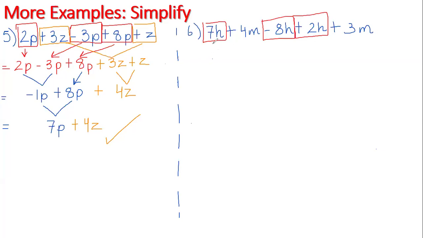Yes, sir. What's the first thing we're going to do? We gotta group all the H's. So we have 7H, right? Then we have negative 8H. What else? Plus 2H.